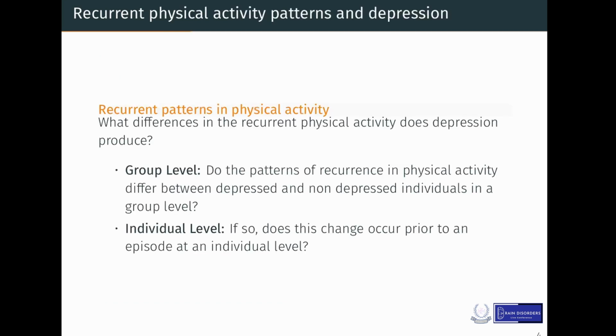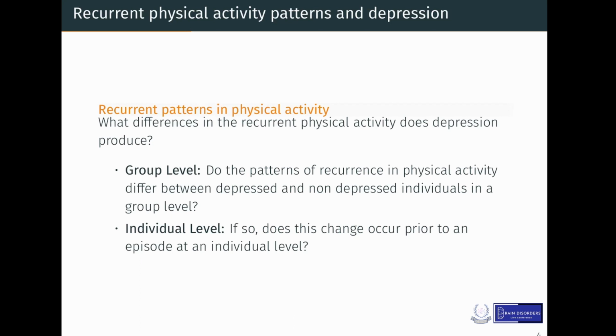Okay, so we split up our recurrence plot inspired complexity questions into two. The broad overall question is what difference in recurrent physical activity does depression produce? And we can split this question into two levels: a group level question and an individual level question, right?